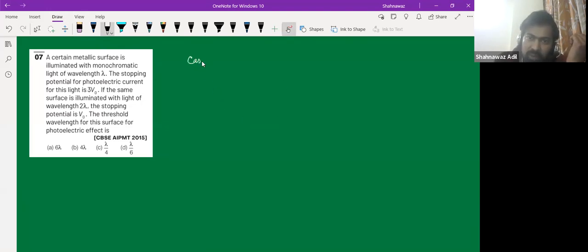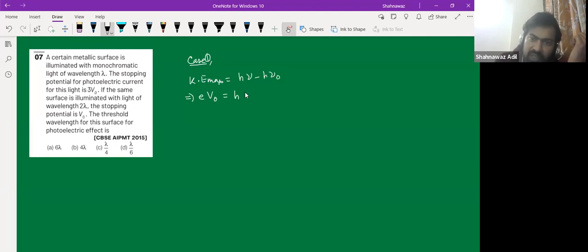In case one, we will write the same thing, KE max is equal to h nu minus h nu naught. And KE max is eV naught, this is the potential, and this is h nu.